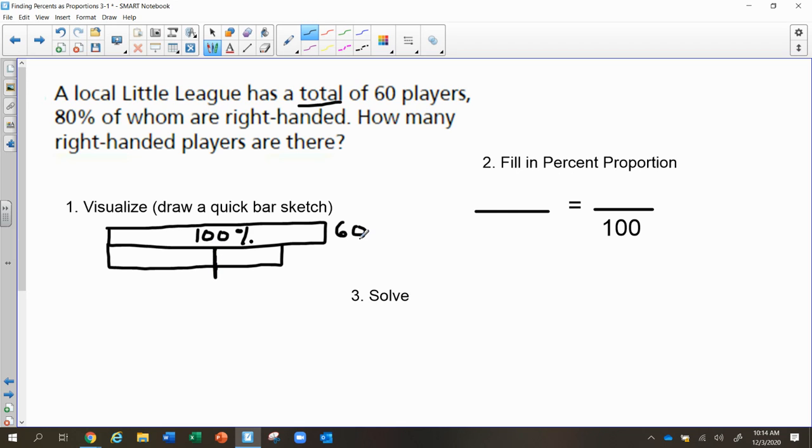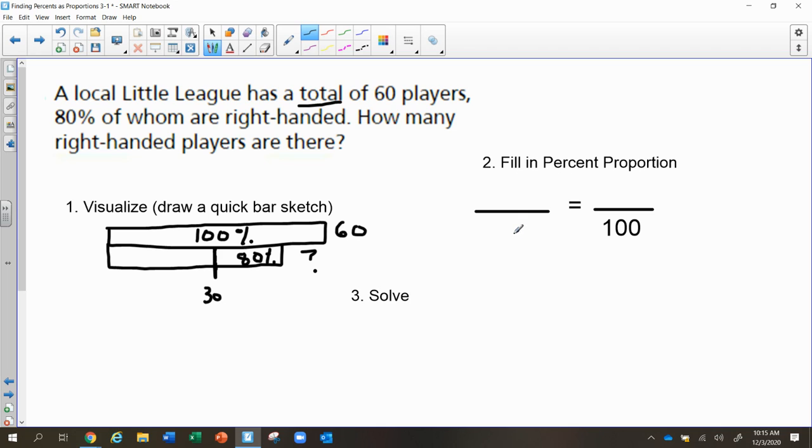Now we can go back and think of our benchmark percents. 50% of 60 is half. So I know that my answer is going to be more than 30 and it's going to be less than 60. I'm still looking for 80% and I don't know that number, but I know about where it's going to be. So that's why I do that visualization. I know it's going to be between 30 and 60. Now I'm going to fill in my percent proportion.